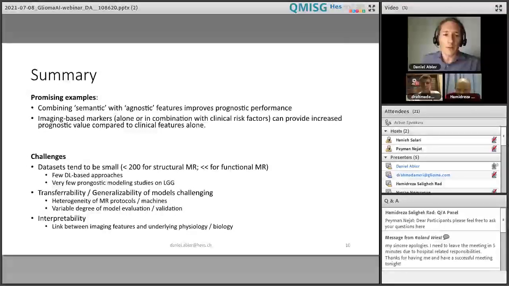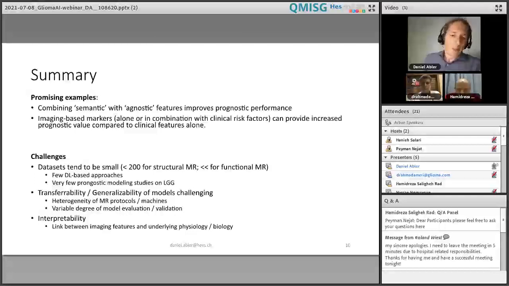This is an evolving field. And one of the big challenges is the availability of data. We've touched upon this today already. And as a result of this, there are very few deep learning studies that require a lot of data. And also there, in fact, are very few such modeling studies on low-grade glioma because there's less public data available compared to glioblastoma.